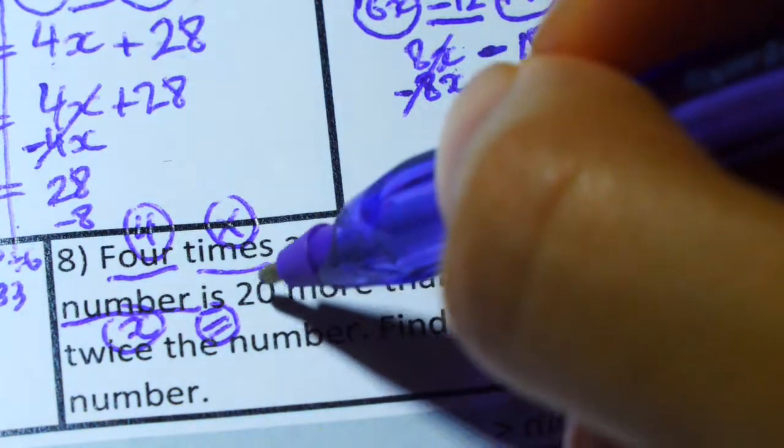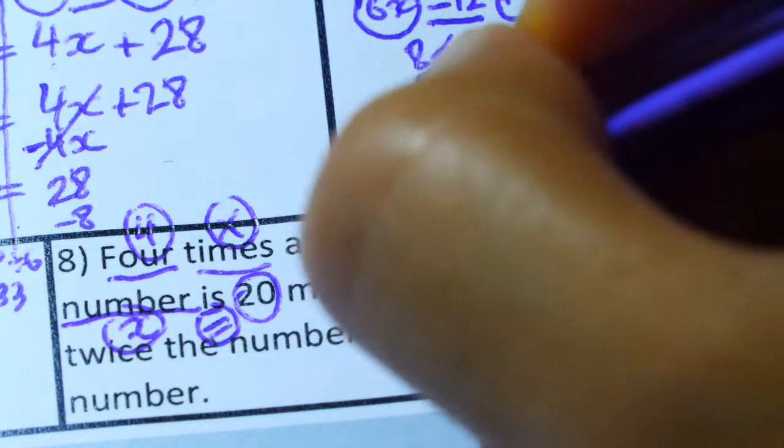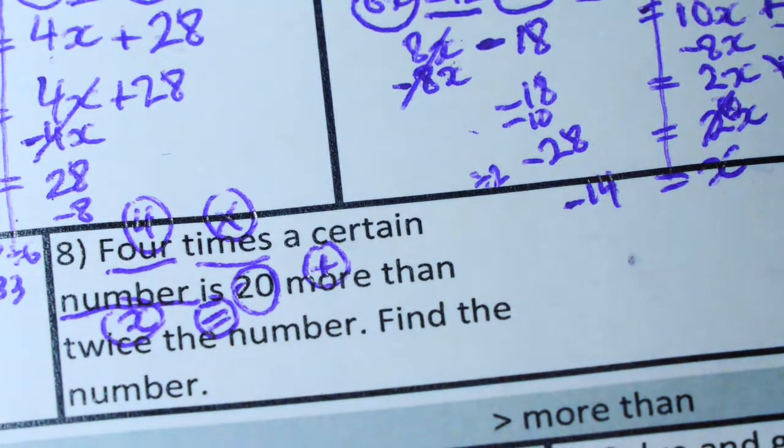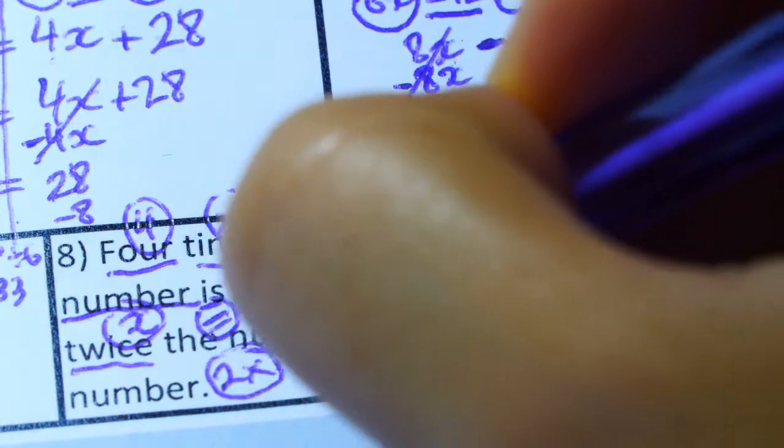We don't know the number, so we're going to call it x, is or is equal to 20 more than. So 20 more, 20 plus, then twice the number. We said twice means 2 times. And the number we said is x.